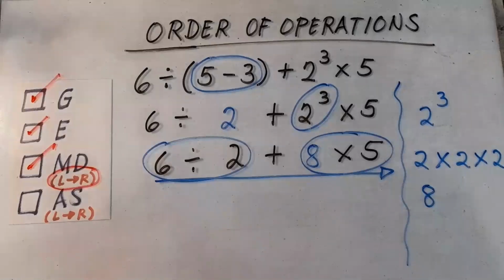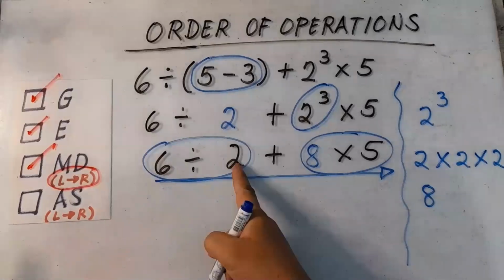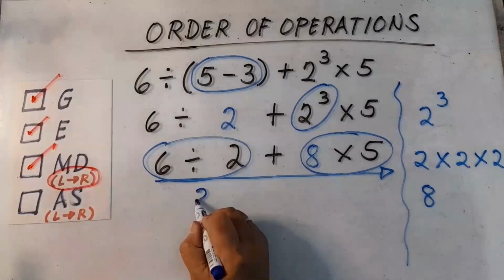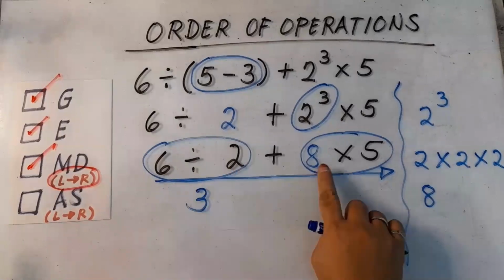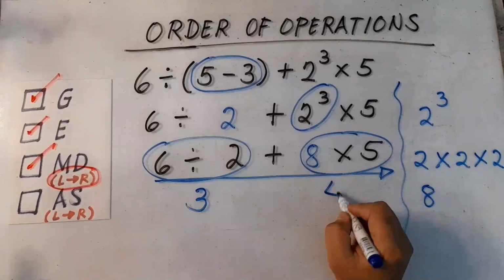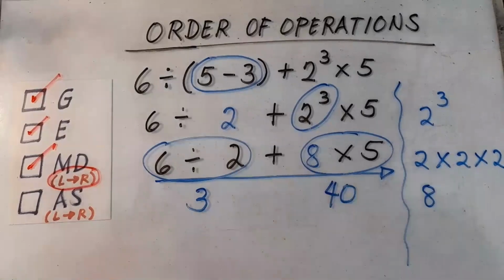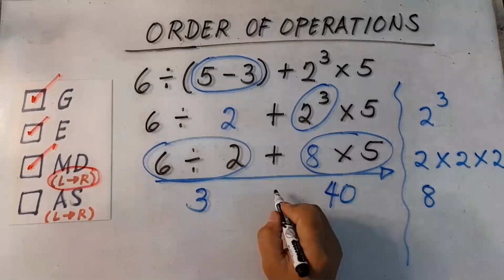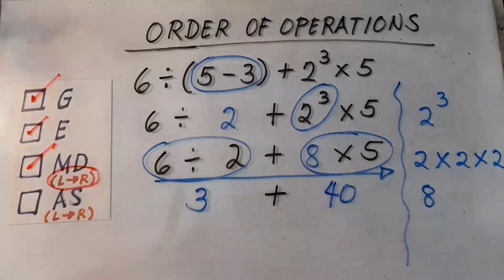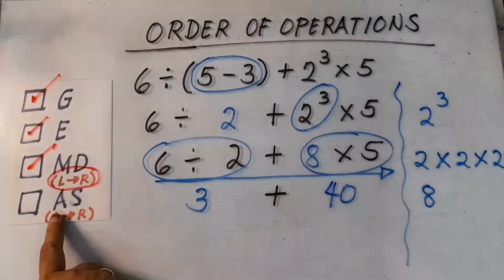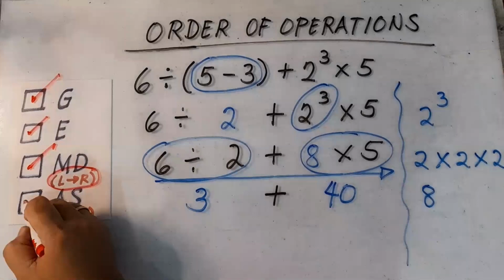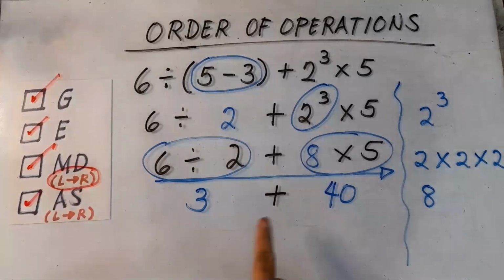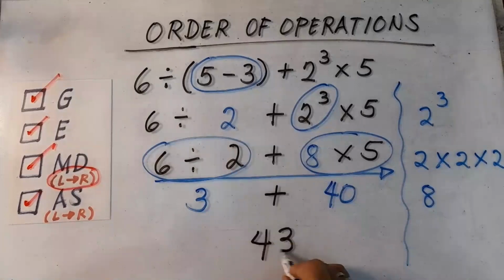Okay? So, what is now 6 divided by 2? This will be 3. And 8 times 5 is 40. Then we need to add. And then lastly, we have AS. Since addition na lang naman yung natitira natin, our final answer will be 43.